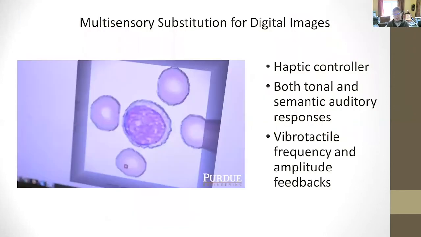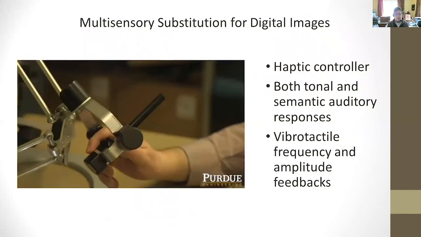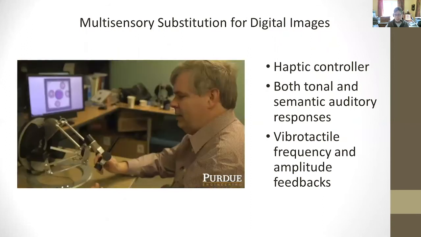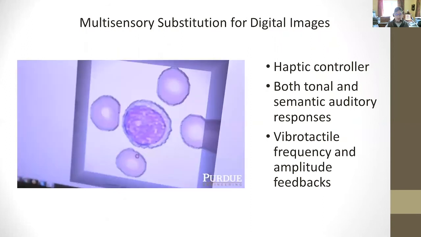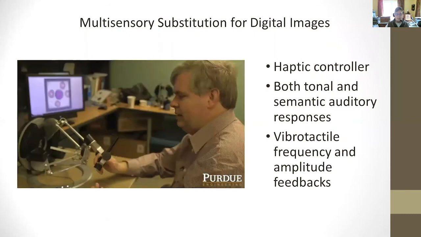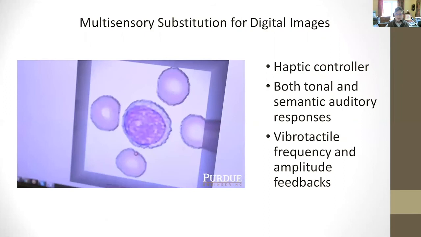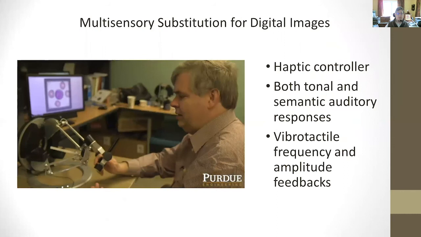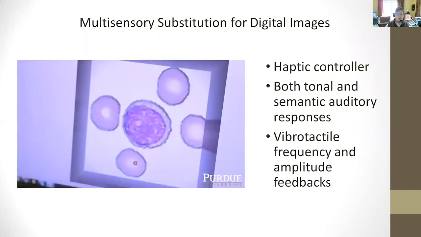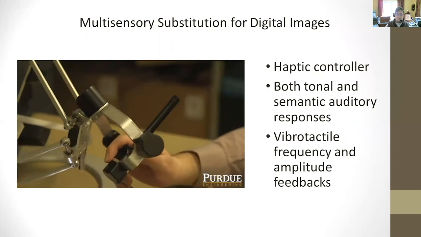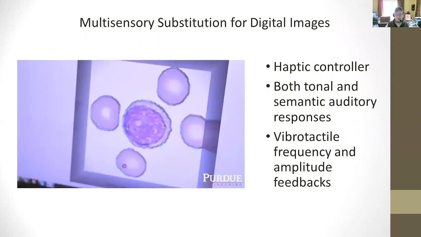The second example I'm going to talk about, where we use machine learning for AT development, is the development of a multisensory substitution system for digital images in real time. As you can see in this video, there's a haptic controller that allows the individual to interrogate this digital image on the screen.